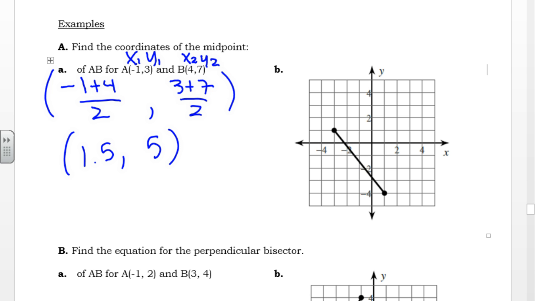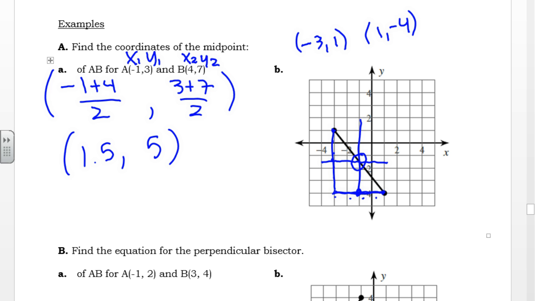We're going to do the midpoint on the graph. We could pull the coordinates. This is -3, 1, and this is 1, -4. But I feel like it's easier to just use the graph and count. So I'm going to draw my triangle. This horizontal segment is 1, 2, 3, 4, so halfway is 2. And this is 1, 2, 3, 4, 5. Halfway would be 2.5.